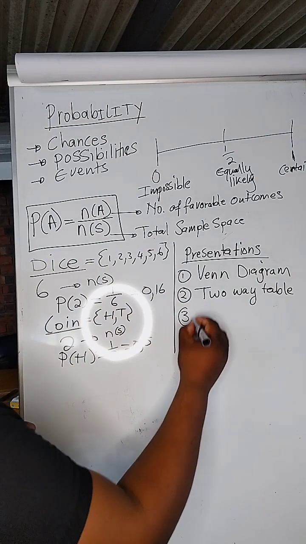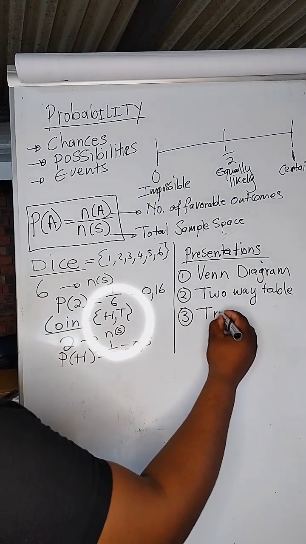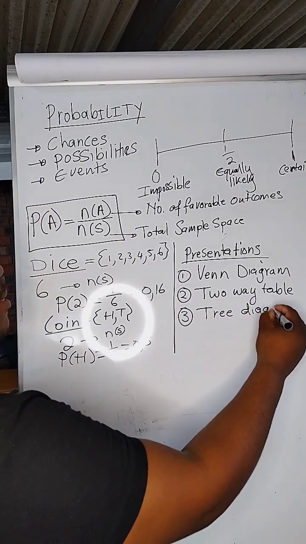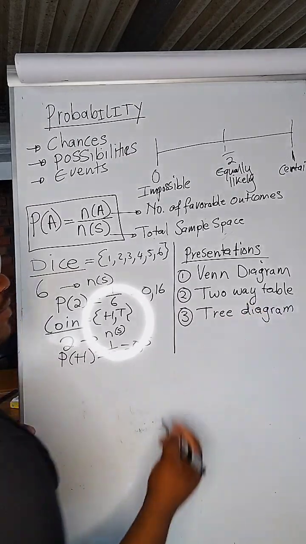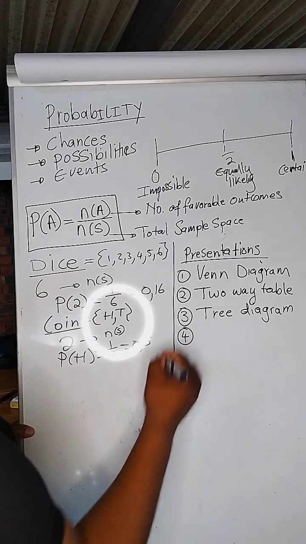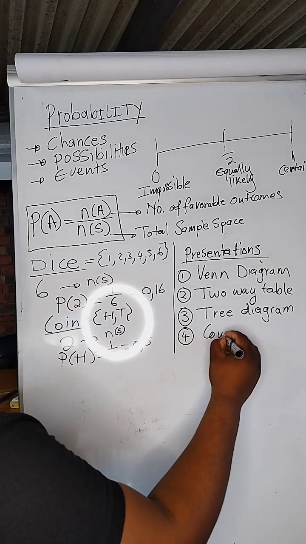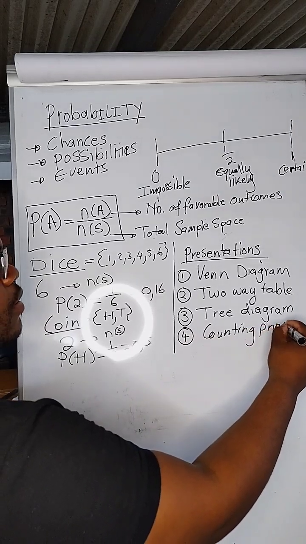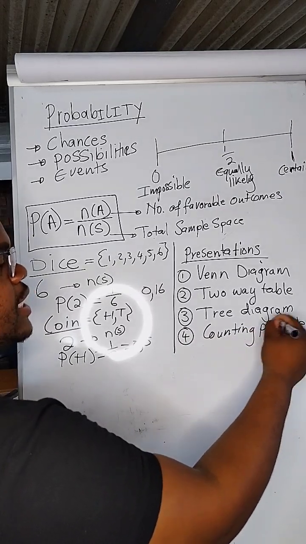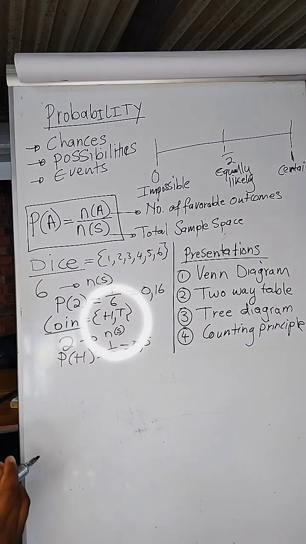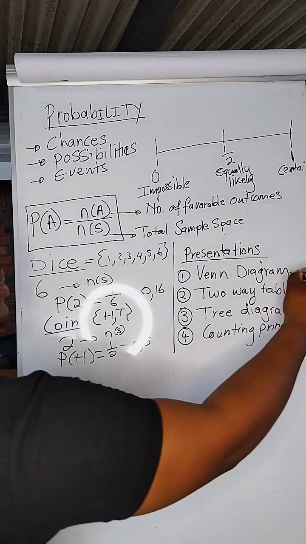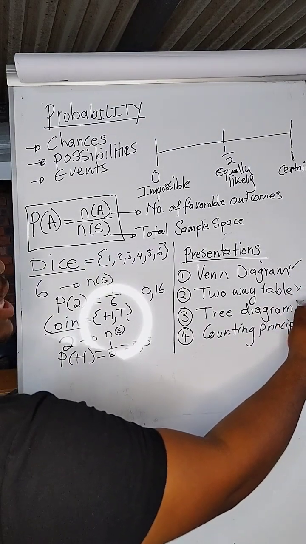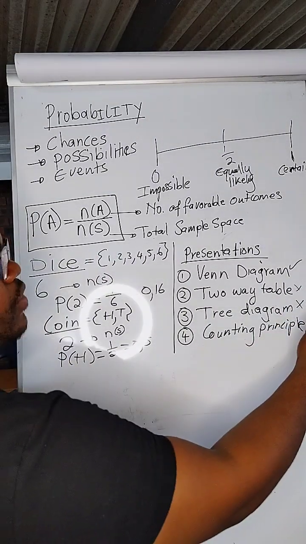Number 3, we have what we call a tree diagram. And for grade 12, we have a counting principle. So these are the presentations of probability. But in grade 10, we only deal with this one. Grade 11, we deal with this one and this one. Grade 12, we deal with this one.